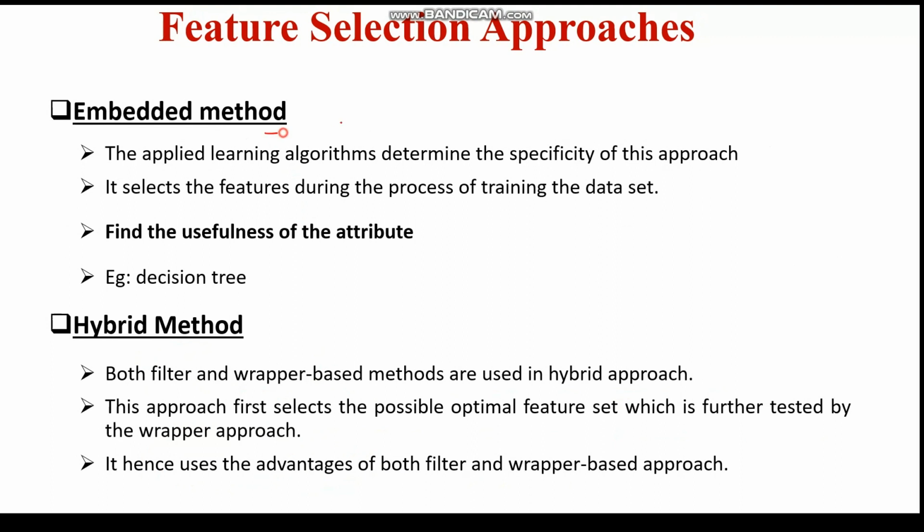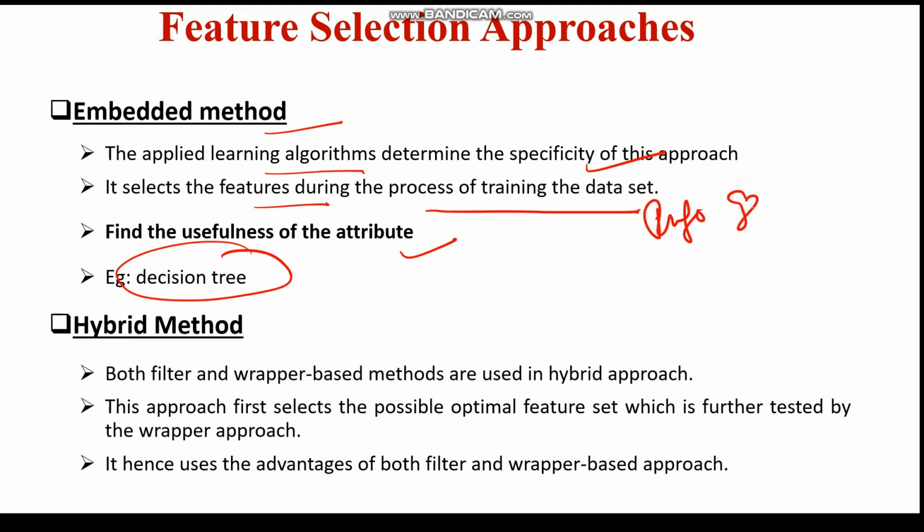And then we have the embedded method. In the embedded method, learning algorithms are applied, which determine the specificity of this approach. It selects features during the process of training. It finds the usefulness of the attributes. The best example is the decision tree. What happens in a decision tree? We calculate the information gain of every attribute.